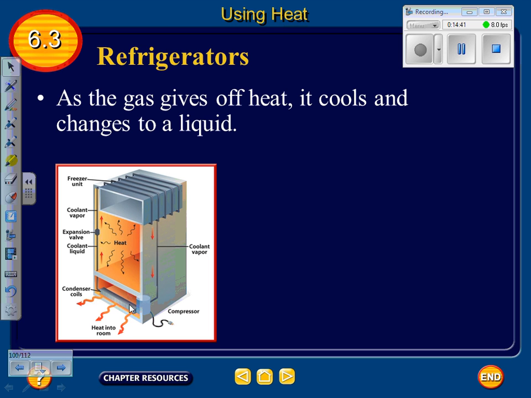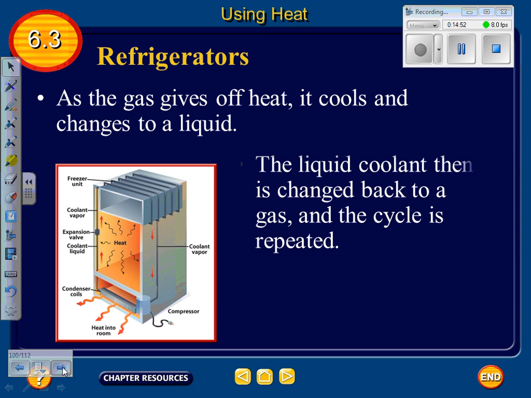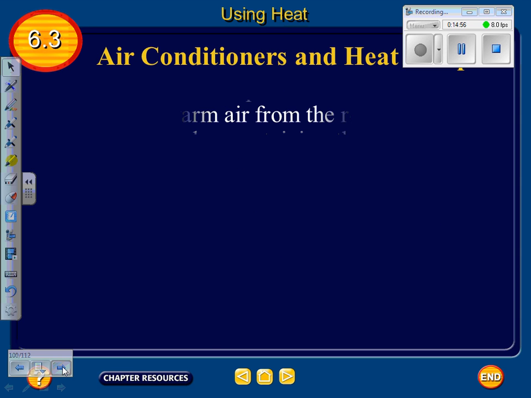And these coils heat up, they go through a compressor, which when you compress a gas, it gets colder, makes it colder again, and keeps that cycle going. Liquid coolant then is changed back to a gas and the cycle is repeated.